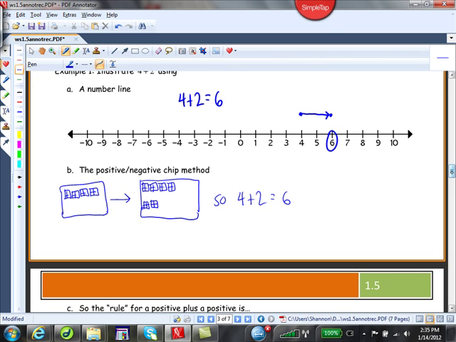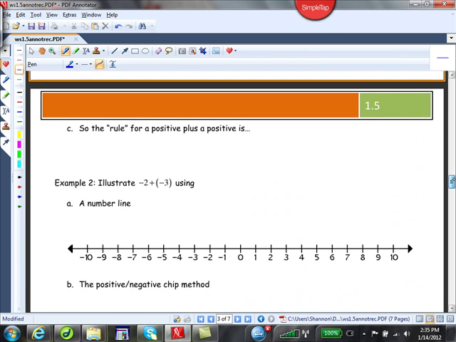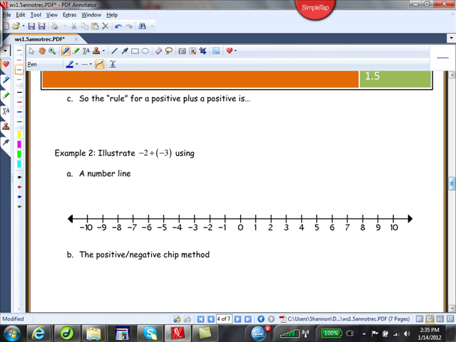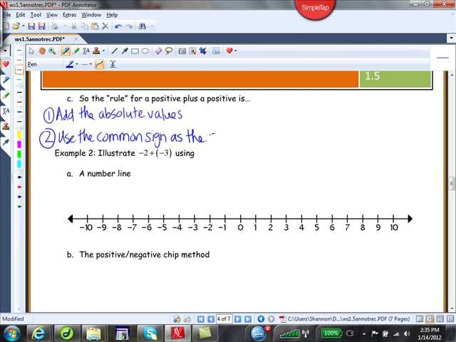All right. Well, the first one is fairly straightforward since they're both positives. So let's talk about what is the rule for a positive plus a positive. So one way we can write this is we could say add the absolute values, and then use the common sign, which is a positive, as the sign of the sum.